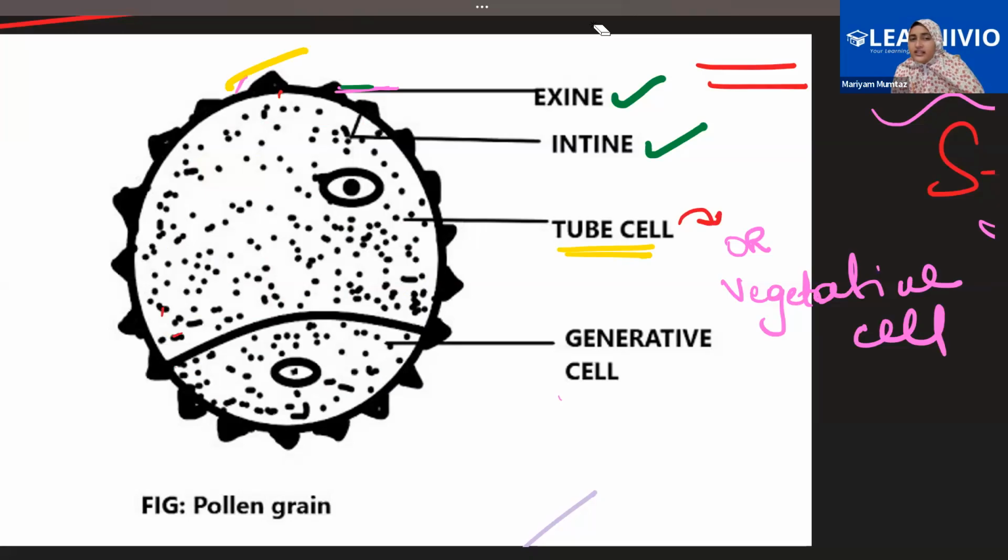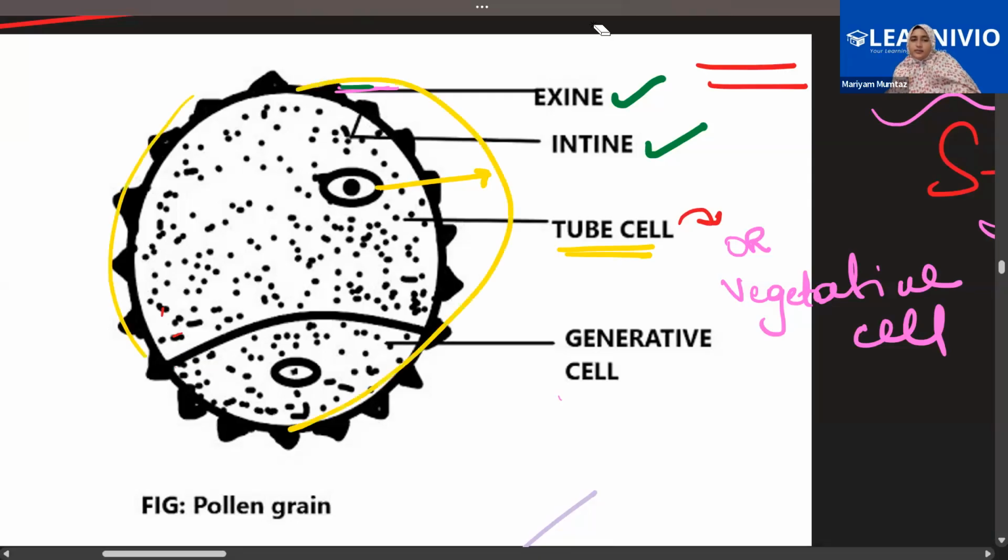Now, if you look at the vegetative cell and the generative cell, what is the difference between them? If you look at the picture, the generative cell is small. That's true. Apart from that, what is this structure?